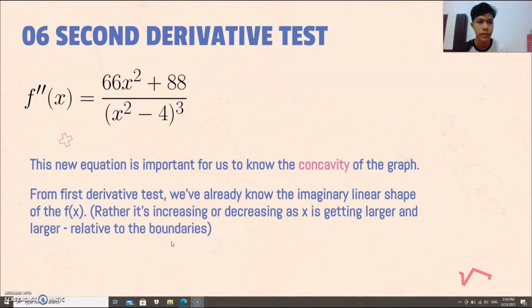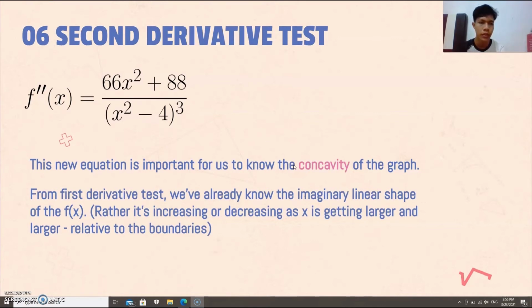Hi, it's me again, and now we will look further at this new equation that we have got. This equation is important for us to know the concavity of the graph, because in the first derivative test, we have already determined the shape of the graph.